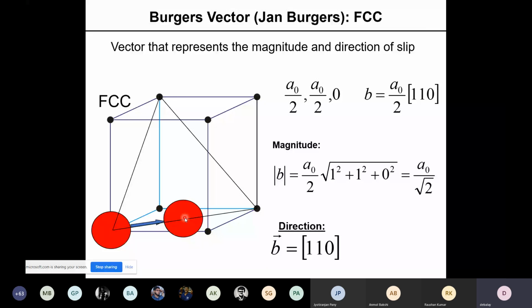You understand? So basically it is moving from a B groove to the next B groove, which is called complete lattice translation. That means there will be a step formation, there will be a dislocation movement, but there will be no change in the stacking sequence.